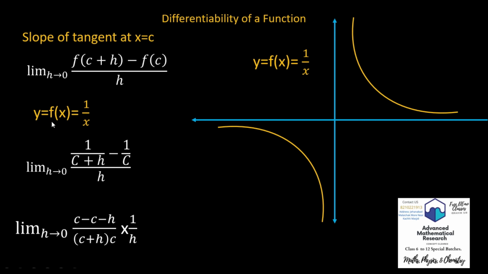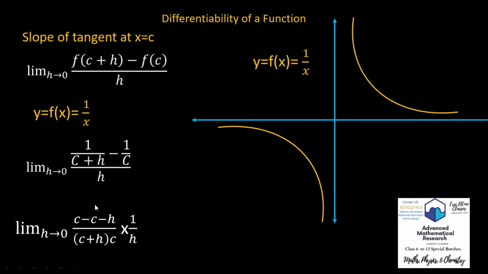So y is equal to f of x is equal to 1 upon x. Here the limit of f of c plus h minus f of c divided by h, where h is tending to 0. Replace f by 1 upon x. It will become 1 upon c plus h minus 1 upon c divided by h, where h is tending to 0. Now to solve this, we get c minus c plus h divided by c plus h times c.